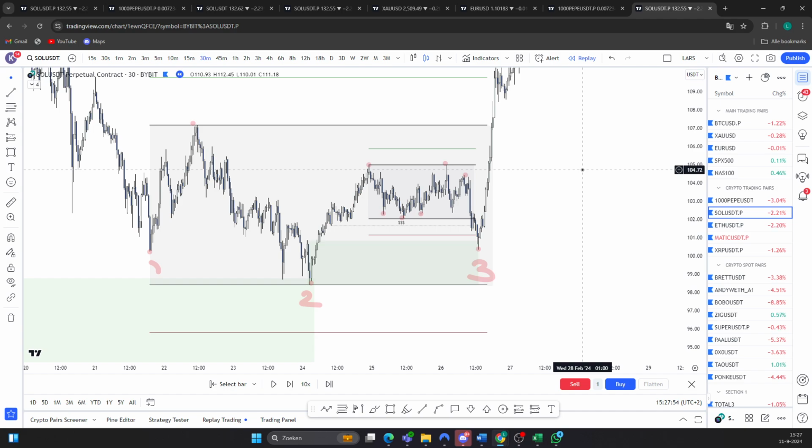We're going to talk about TCTs within TCTs. We're going to be talking about many other things. Low time frame ranges into high time frame ranges, all that stuff. Okay, the more advanced concepts. But before you can master any advanced concept, you need to master the basic concepts, and these are the basic concepts with the basic rules and the foundation. And this can already make you very profitable.